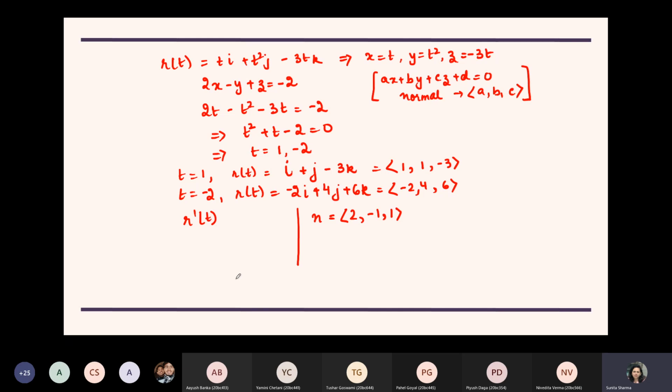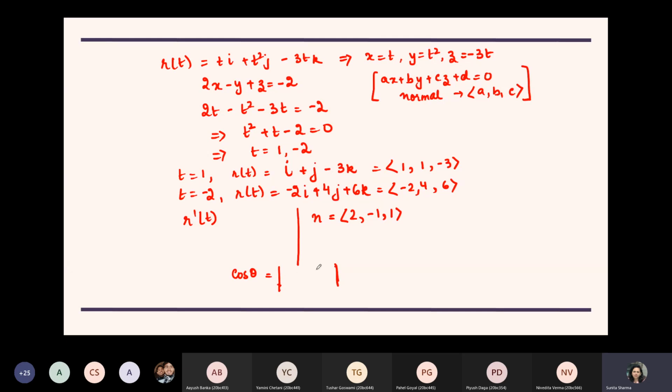Now, how do you find the angle? Angle between two lines? Dot product upon magnitudes of the two. Cos theta. Yes, so that will give you cos theta. And since you have to find the acute angle, what you do is you take the absolute value of the entire expression.